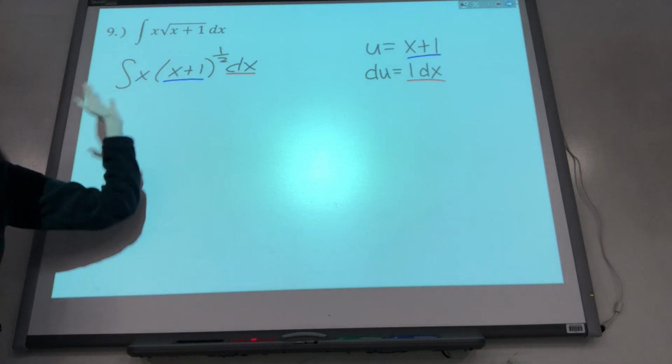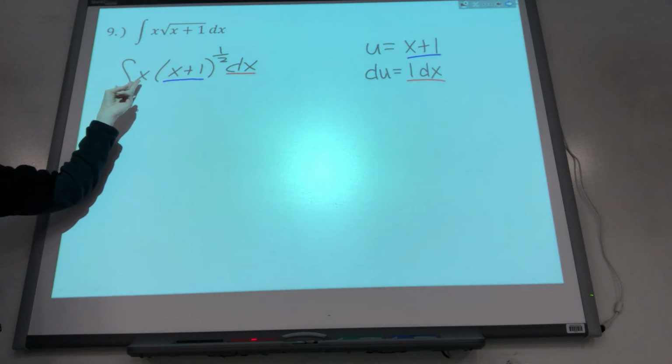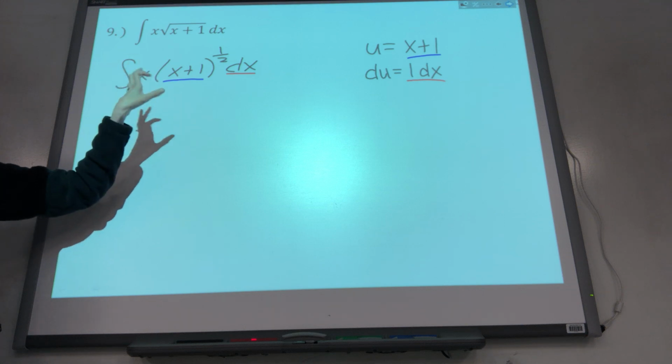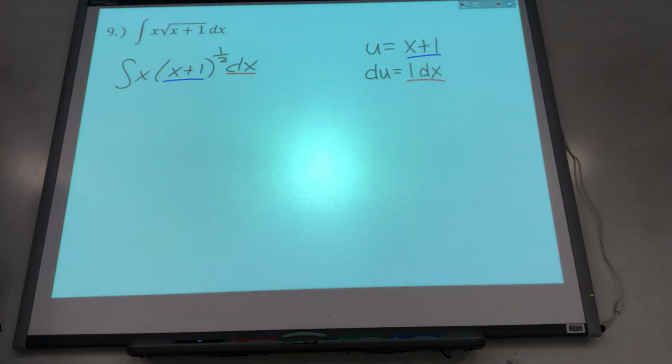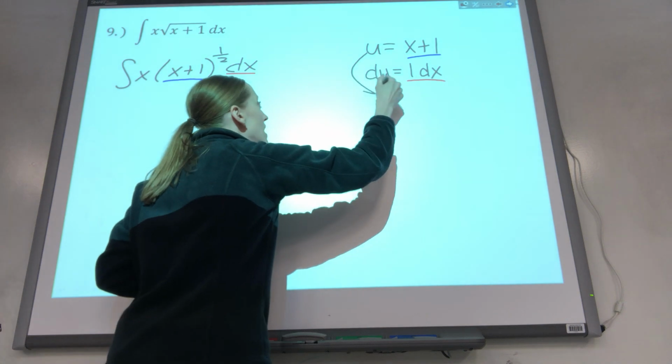This is the time where we have to do something a little special because there's an extra factor of x in our integrand. Do you remember what to do or what this is called? Yeah, basically this is what we call the change of variable.